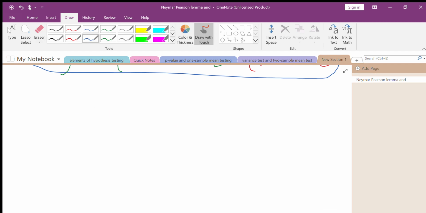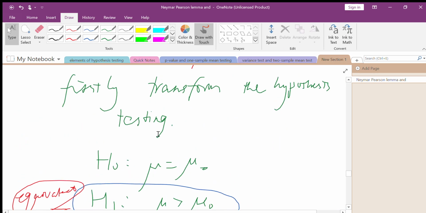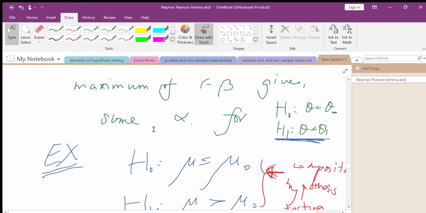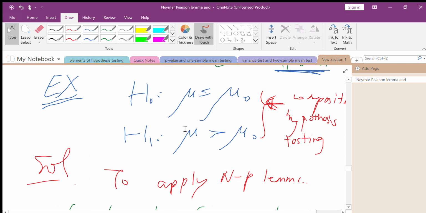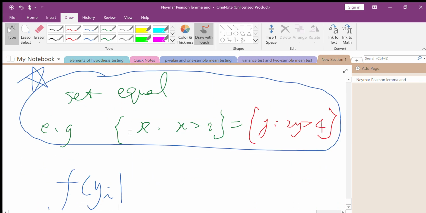Let's recall the PDF of the normal. Recall our original random sample. I did not say the random sample for this hypothesis testing. Let's specify here.